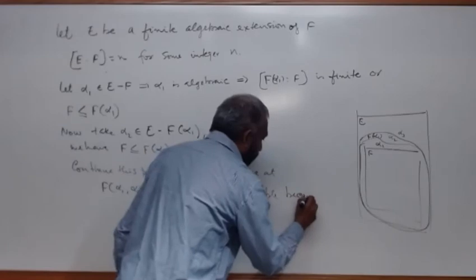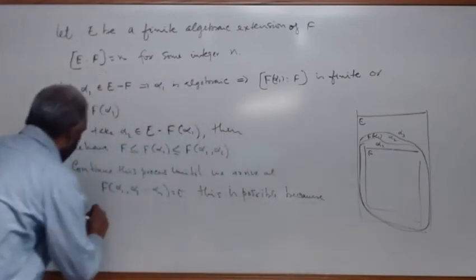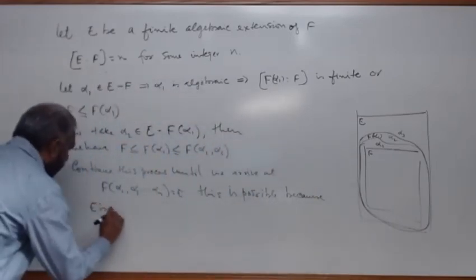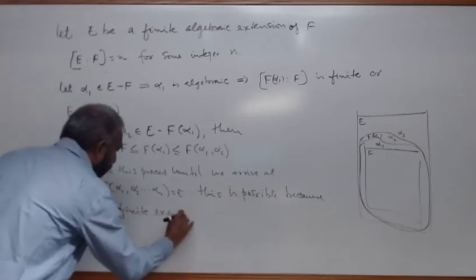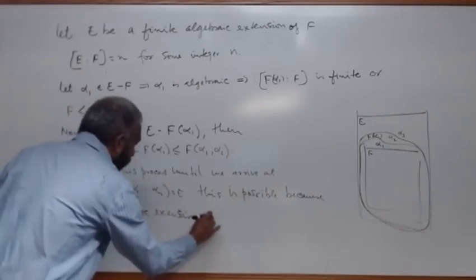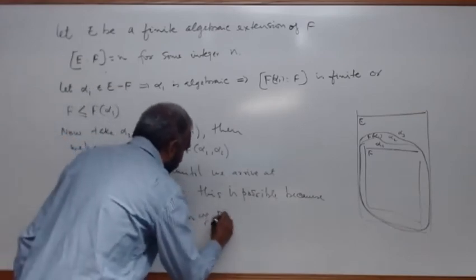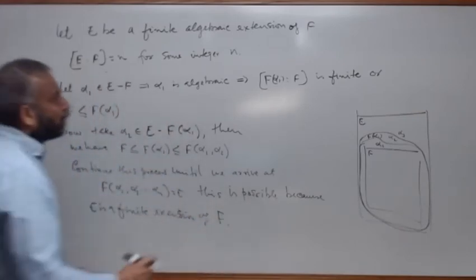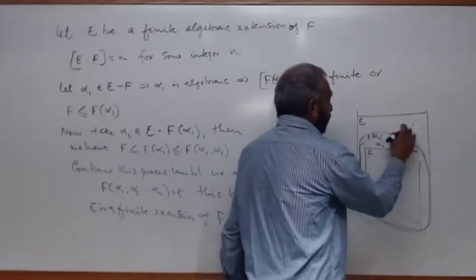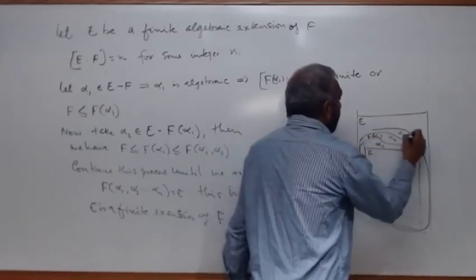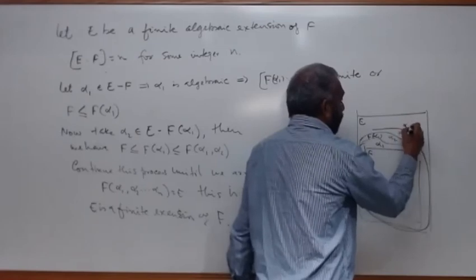because E is a finite extension of F. You cannot go infinitely. If you take alpha 3 here, then you can take alpha 4 here, but it will stop.